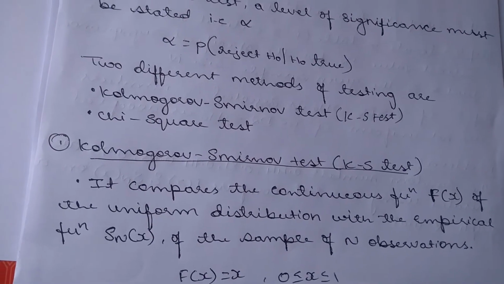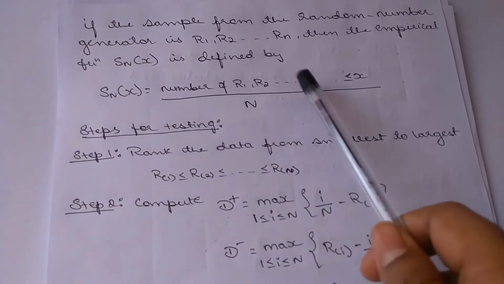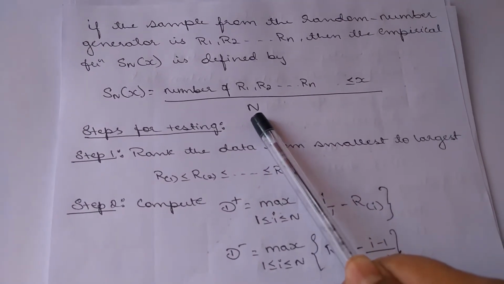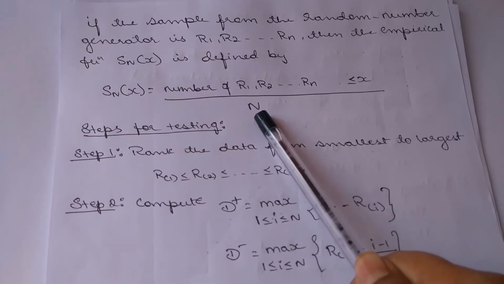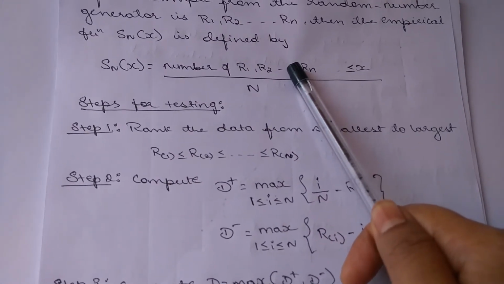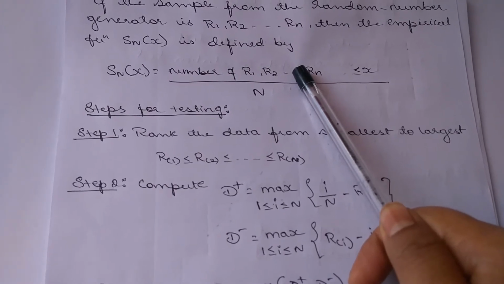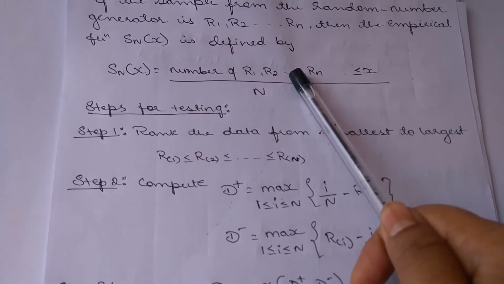How do you calculate Sn(x)? Sn(x) is the number of random numbers less than or equal to x divided by the total number of random numbers. For example, if you have 10 random numbers, n is equal to 10. This probability can be calculated as i divided by n.